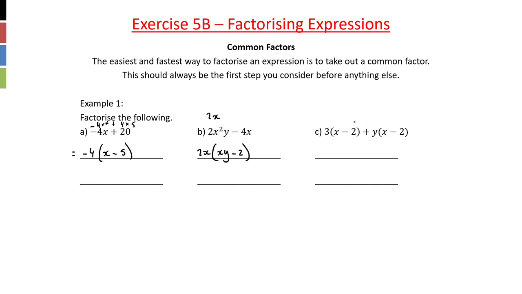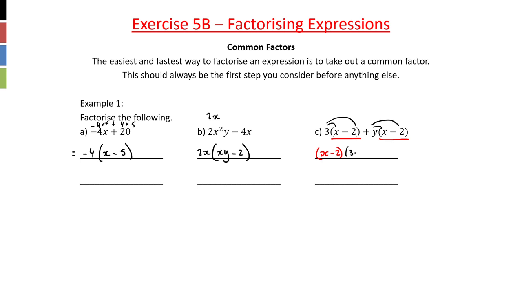This one, you might be going, oh, we've seen this before, we need to do FOIL, binomial expansion. But you want to look for the common factor first. You go, 3 and y, there's no common factor there. But if we look at the binomial, x minus 2, that itself can be taken out as the common factor. So we take x minus 2 out as the common factor. What do I need to multiply x minus 2 by to get 3 times x minus 2?